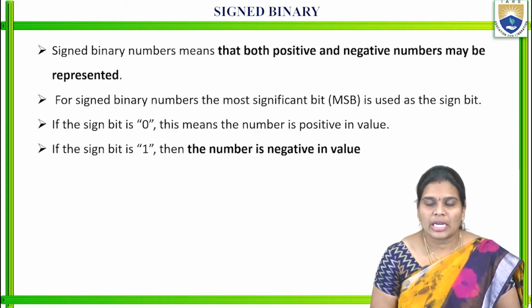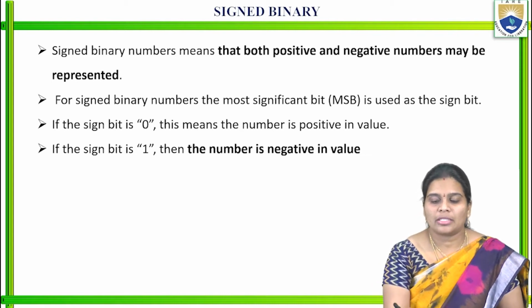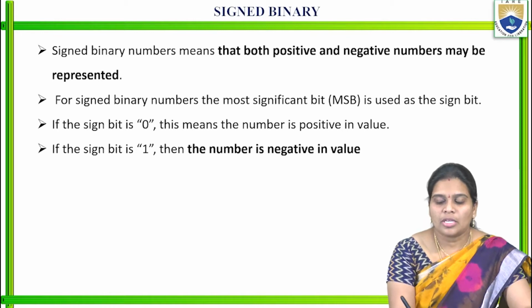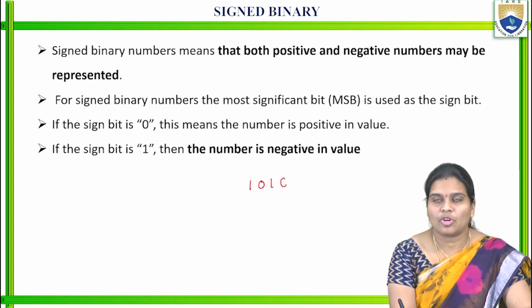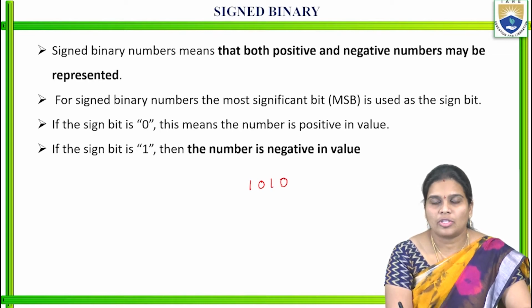Coming to the signed binary number, it has both positive and negative number representation. For example, we take the number 1010. The first digit is the LSB, the least significant bit, and the last digit is the MSB, the most significant bit.